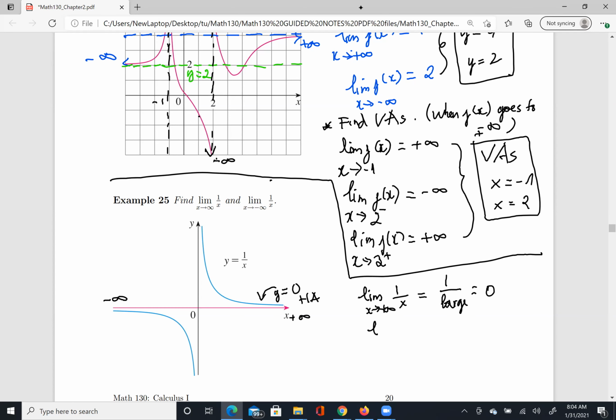Okay, so the limit of 1 over x when x goes to negative infinity equals 1 over a negative large number, right? Equal to 0. So I can say y equals 0 is a horizontal asymptote for this case.